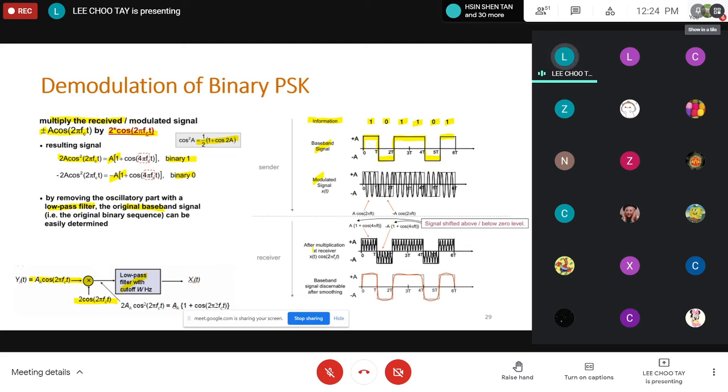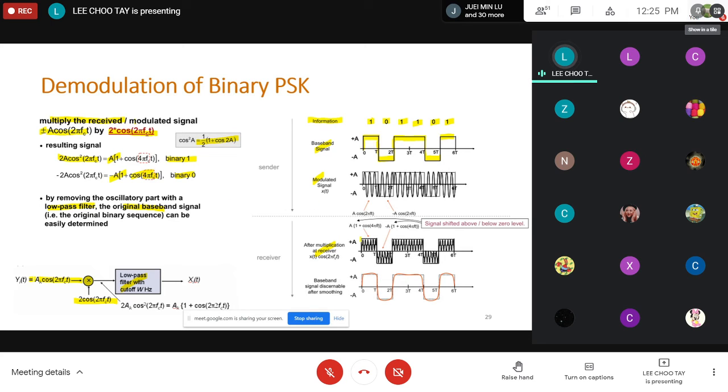After we multiply this modulated signal with a local carrier of the same frequency and same phase, the output waveform is going to look like this. You can see the carrier frequency is now 2 times, which is this cosine term here.